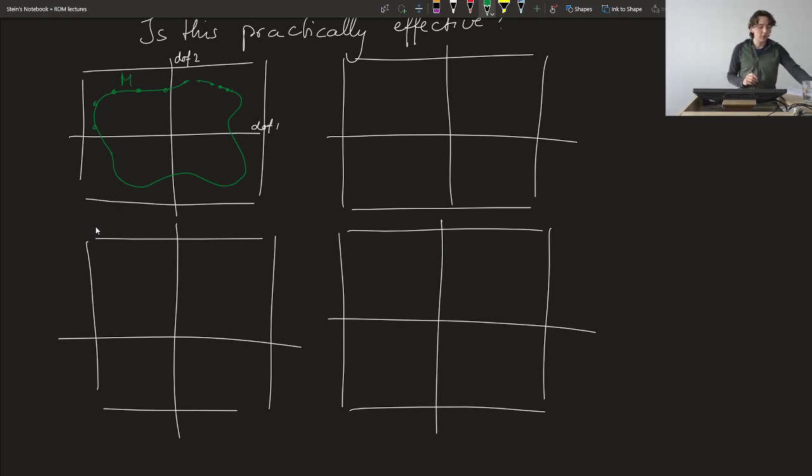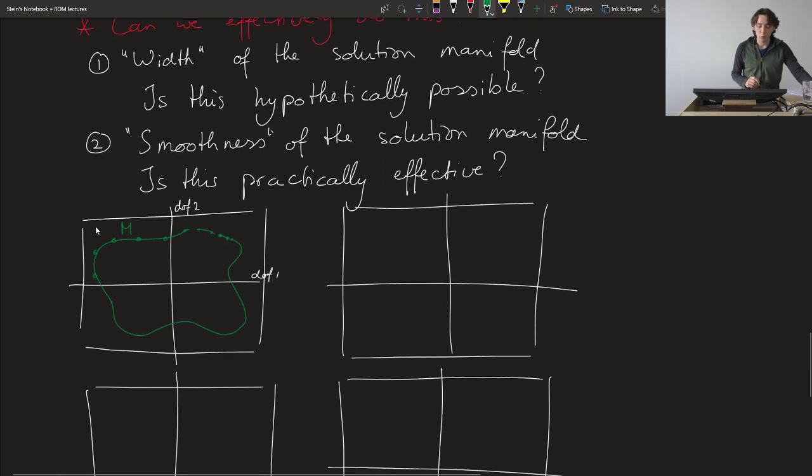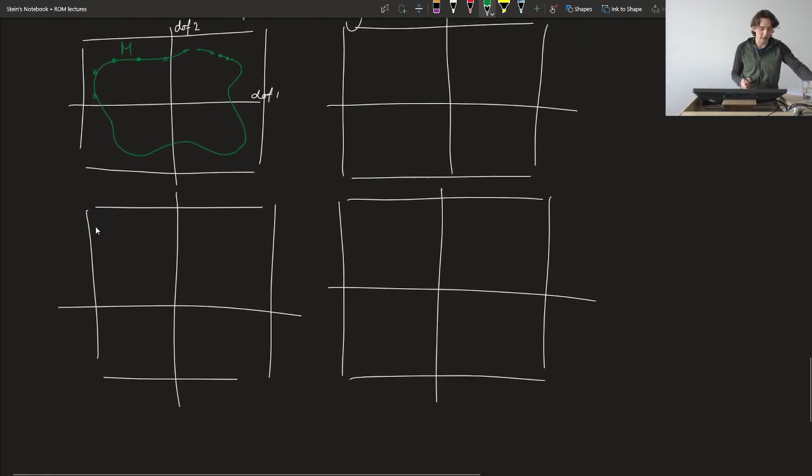Now, is this a wide or a narrow solution manifold? Well, I would say, even from a geometric perspective, the width of this graph is pretty extensive. So this is a very wide solution manifold. And that is not a good thing.